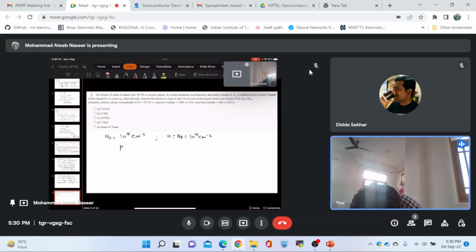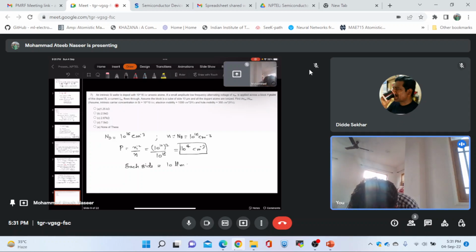Now the hole concentration will simply be equal to ni square by n, which is 10 to the power 10 squared by 10 to the power 16, so 10 to the power 4 per centimeter cube. This is the hole concentration. Now each side of this block is equal to 10 micrometer.